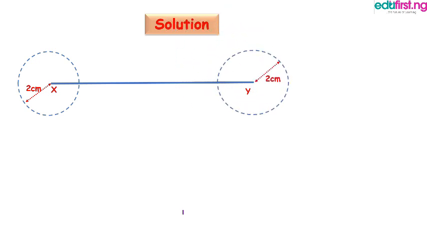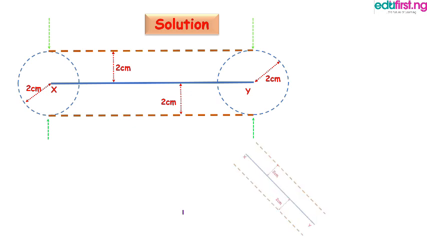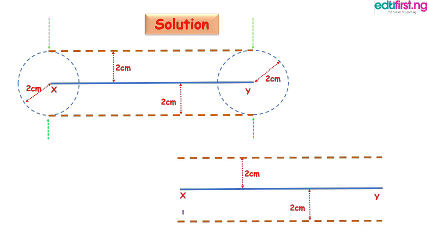At this point, we join the circumferences of the two circles at the top and at the bottom. The first point, the second point. We get our parallel lines to line XY. You notice that the distance between the first line and the last line is 2 centimeters apart on either side. If you remove the circles, you get your shape.